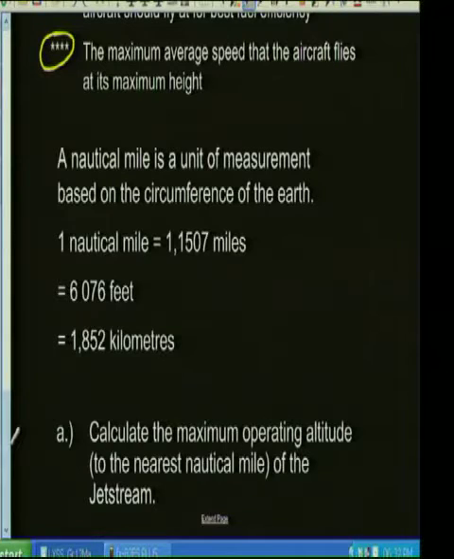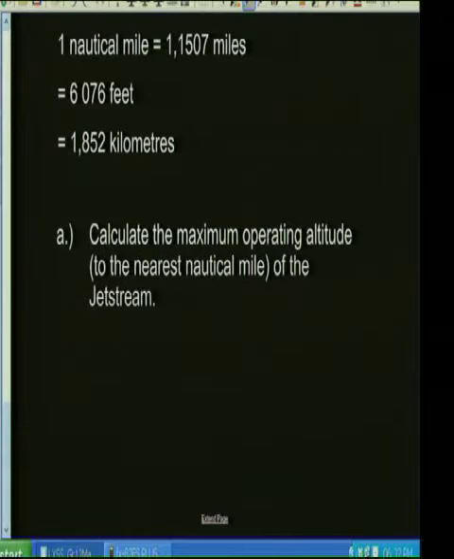Now, how does the question go? Here we go. Calculate the maximum operating altitude to the nearest nautical mile of the jet stream. Guys, and this doesn't apply just for this section. It applies for every section in Maths Lit. At the end of every question, ask yourself, how many decimal places must I round to?